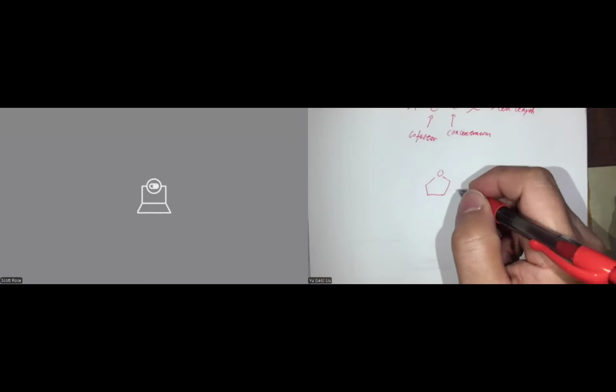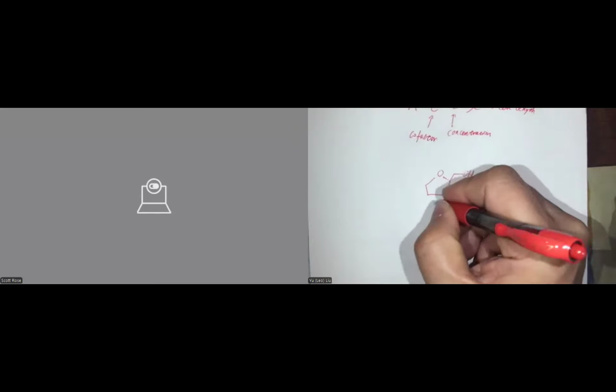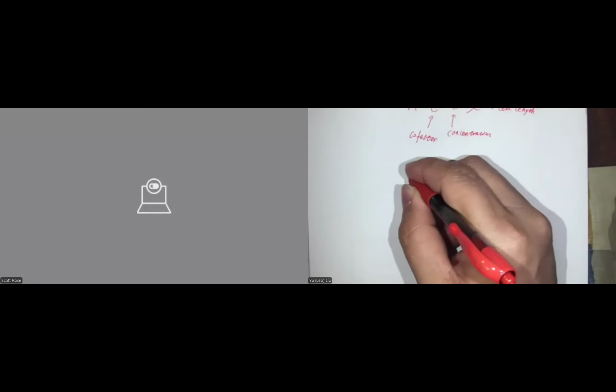The sugar is also called a pentose. One difference between DNA and RNA is at the two prime position.